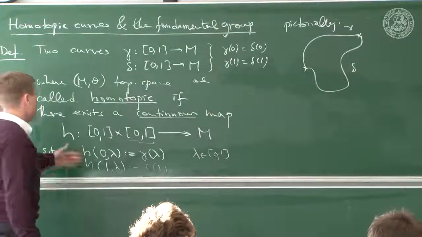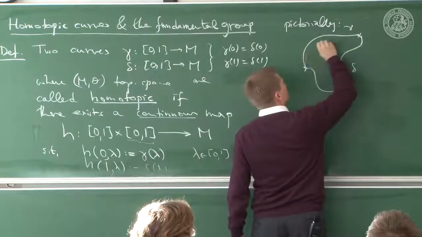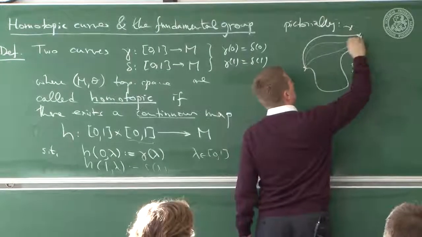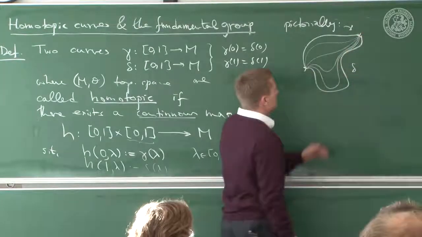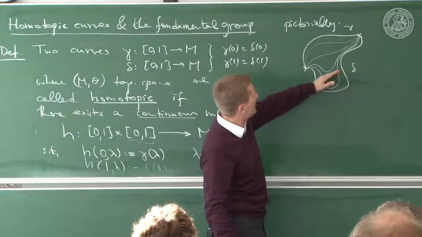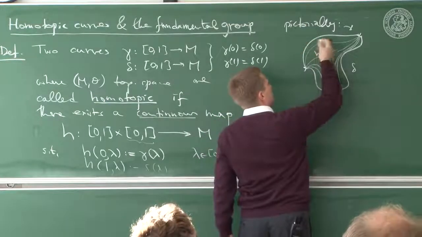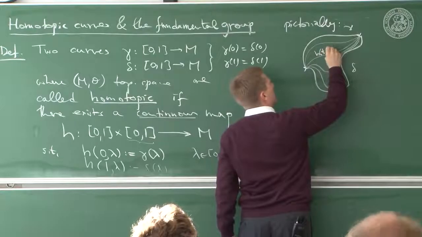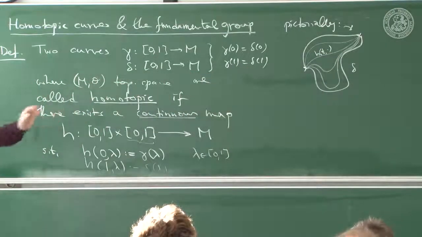And then the homotopy, in a sense, you have lots of curves intuitively that lie in between, and you can continuously deform the curve delta into the curve gamma, and this one in between would be, for instance, h(1/2, open slot), because it's the entire curve that lies in between there.